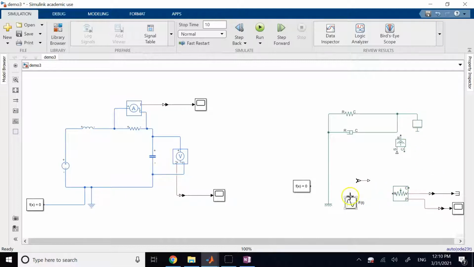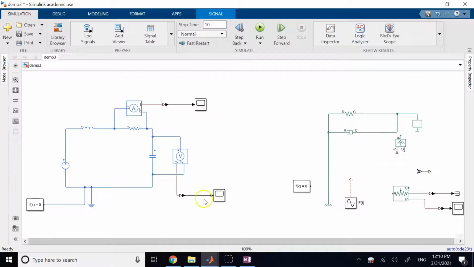The thing is, this sine function is a regular Simulink function, but these blocks are Simscape blocks. And you cannot directly connect a Simulink block to a Simscape block, okay? If I want to connect this directly, it's not going to work, because these blocks are separate. If you see, Simscape blocks are green, the wires of them are green.